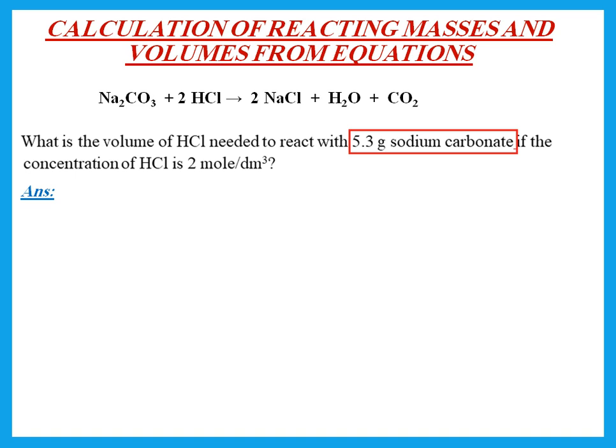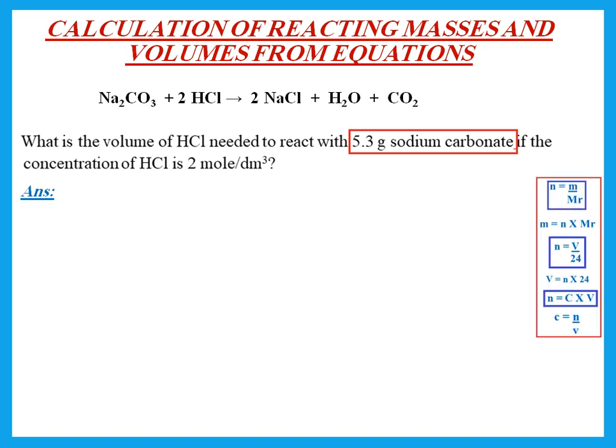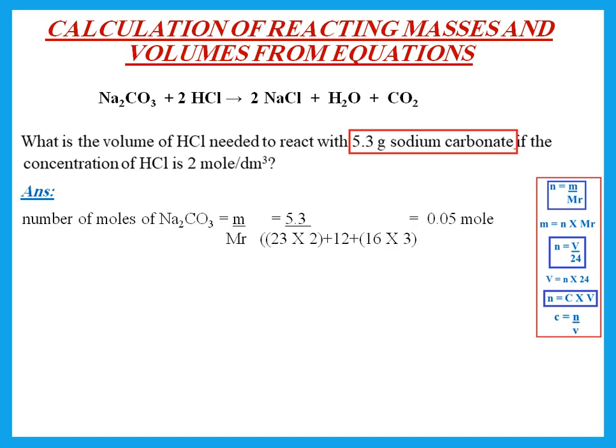But from the mass of the sodium carbonate, I need to get the number of moles. So which of these equations am I going to use? He's telling me 5.3 grams, that is mass. So I need to get the number of moles of sodium carbonate using that very first equation, mass over molecular mass.